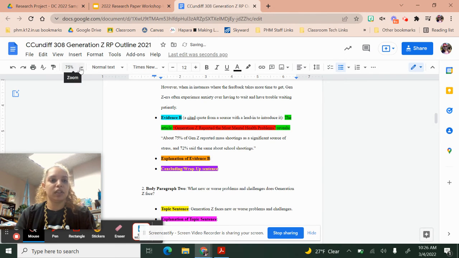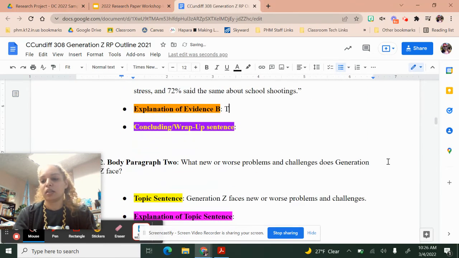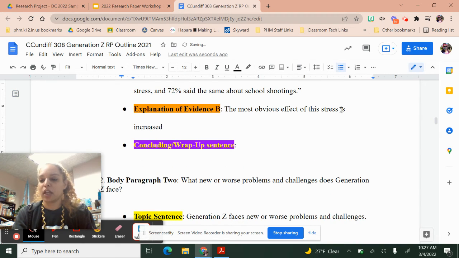So for this one, I'm going to say the most obvious effect. The stress about school shootings. This was statistics about stress about school shootings. So the direction that I'm going with this is I want to talk about the effects of the stress.